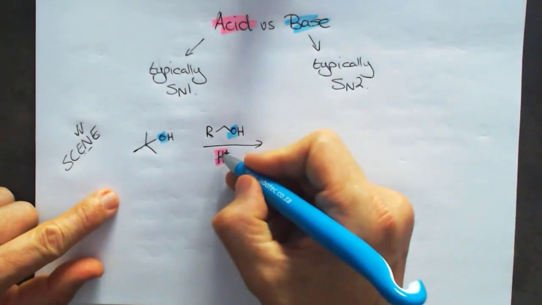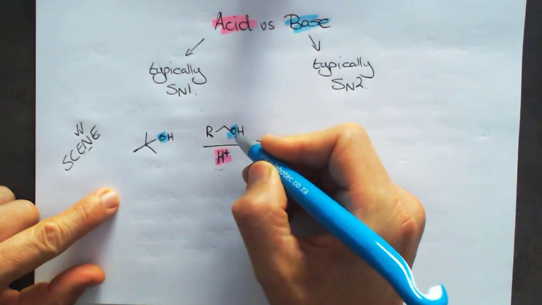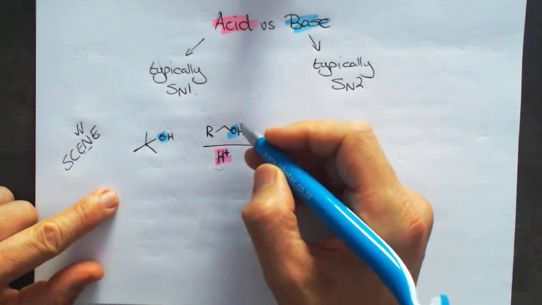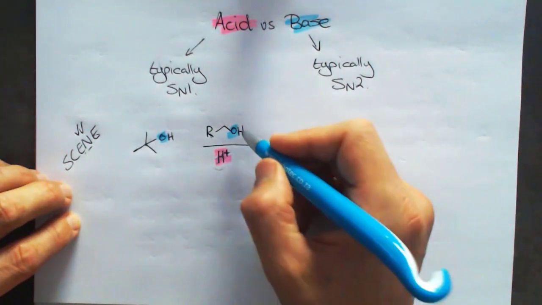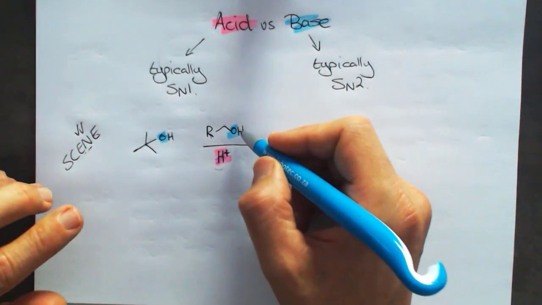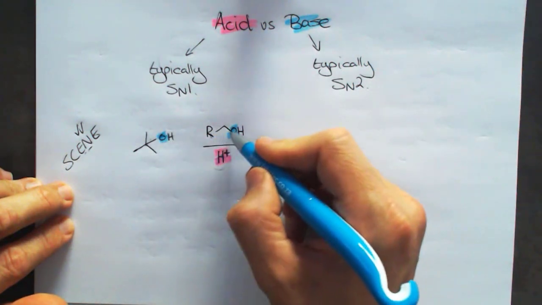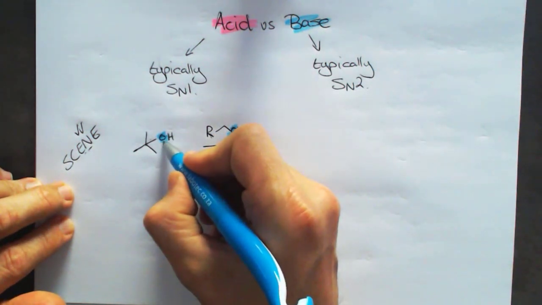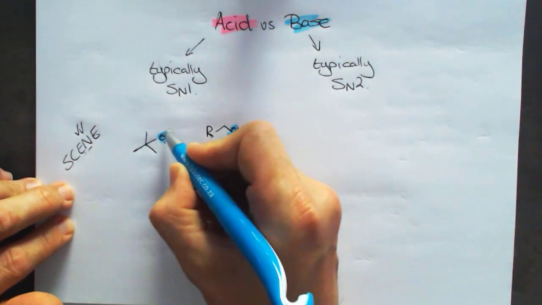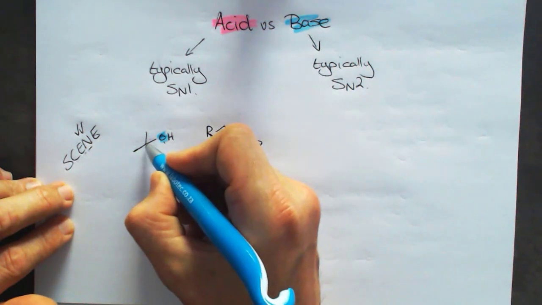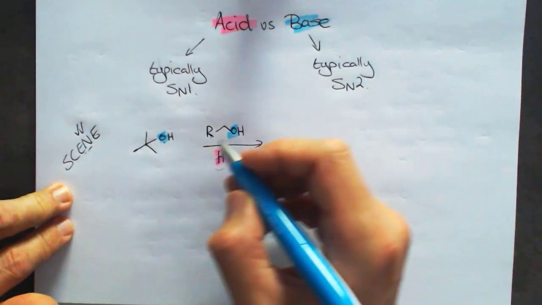Why is that? Well, an acid can protonate either one of those alcohols. When it protonates either one, we change it into OH2 plus, like hydronium. We change the alcohol into a good leaving group. If we protonate this one, we make something where, if it leaves, we get a tertiary carbocation, which is sterically bulky.